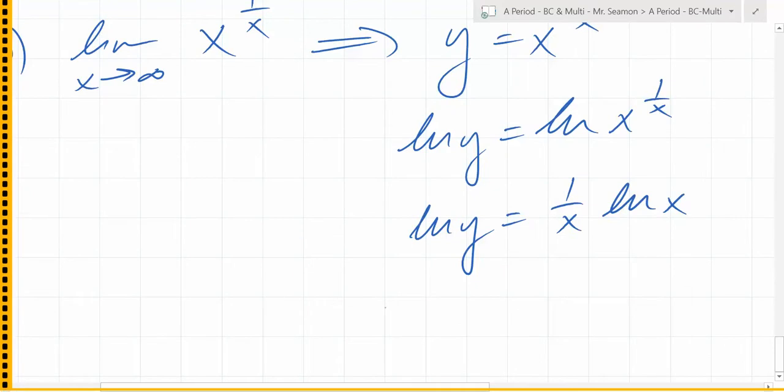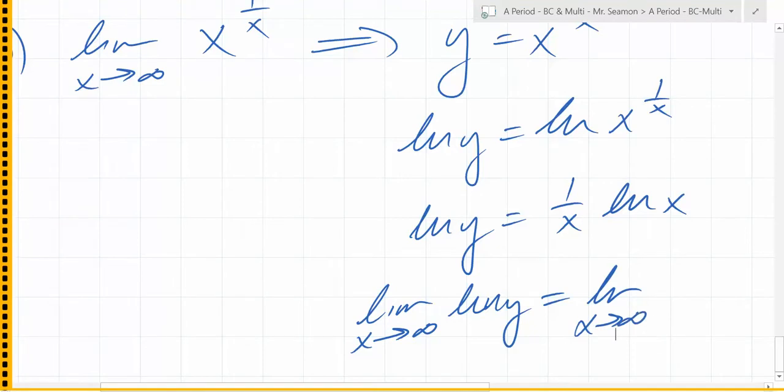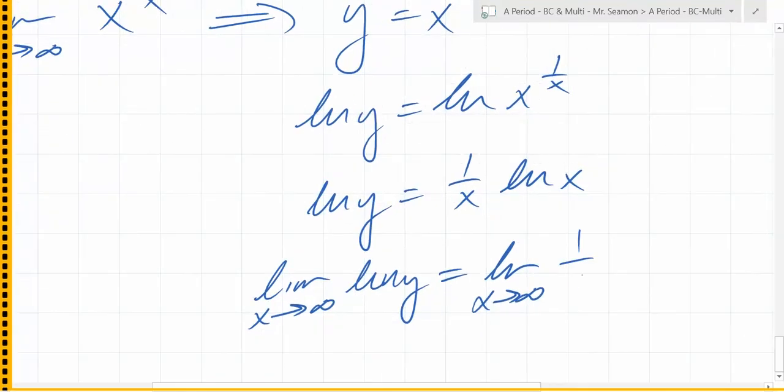If two things are equal, the limit as they approach the same thing should be the same, correct? So the book skips around a little bit, so I'm going to try to do out all these things, and sometimes I run into a trap. But the limit as x goes to infinity of ln y is equal to the same thing as the limit as x goes to infinity of what? 1 over x ln x, right?